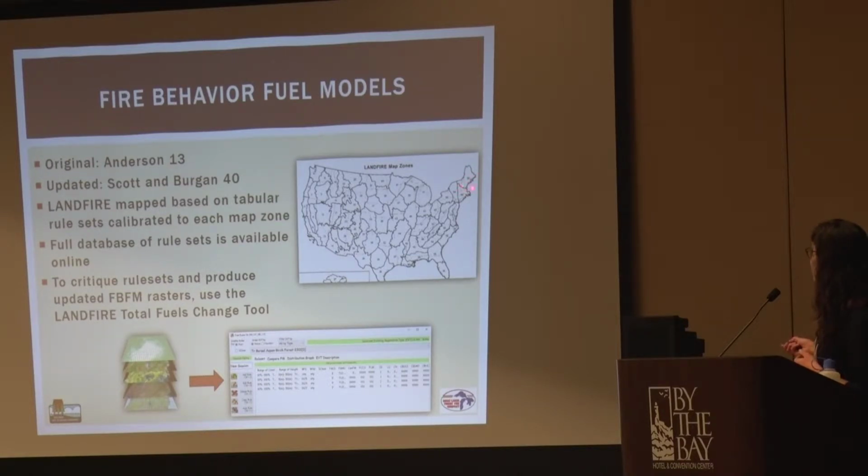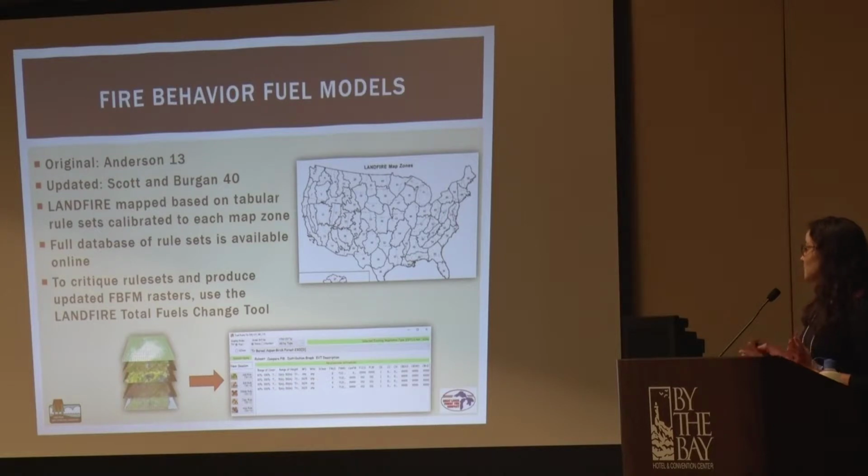For Massachusetts, you have half of Vermont and probably all of Connecticut and Rhode Island, but I can't really see it. So there are these very large areas. I know a lot of you were involved in this process, but the way they came up with the fuel model rule sets was by getting experts from these areas, sitting them down in a room, and going over what they see on the ground in terms of fire behavior, and how we can map the fuel models in this region to be consistent with that. There's a whole host of issues with that, but I won't get into it.